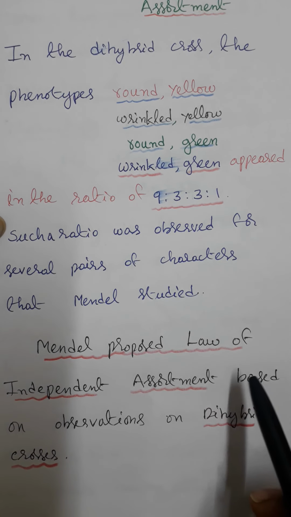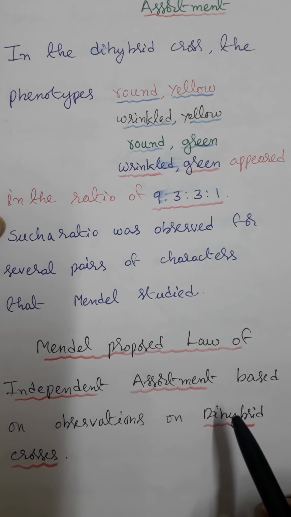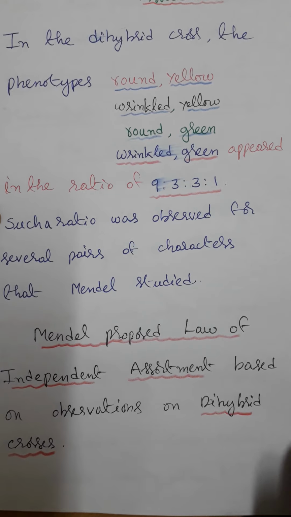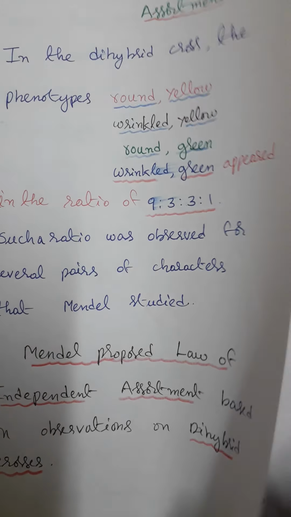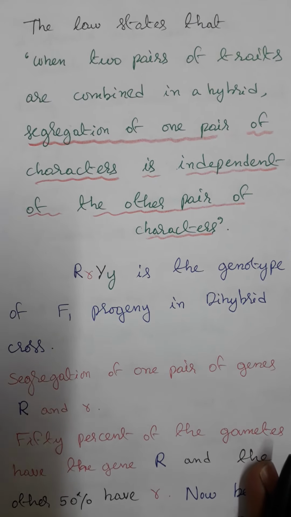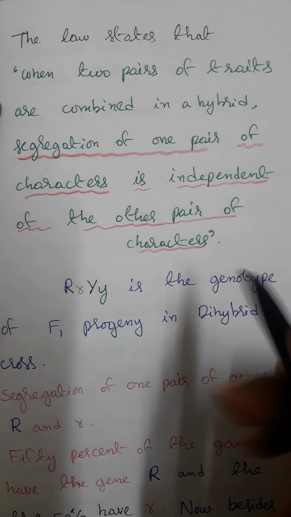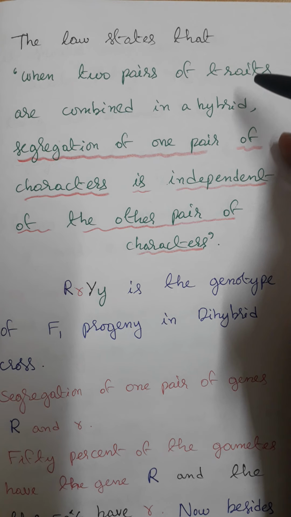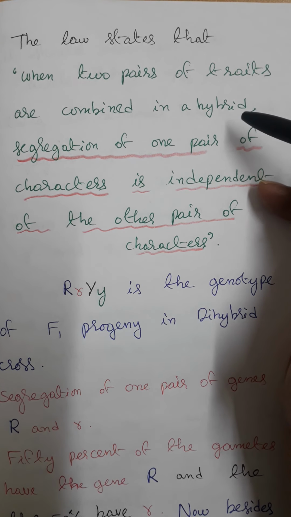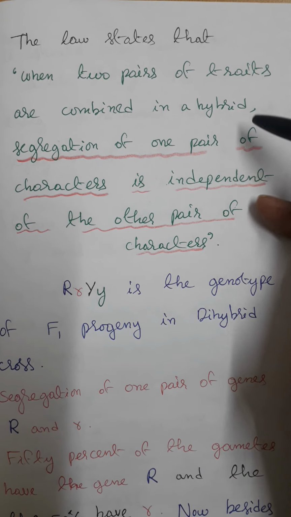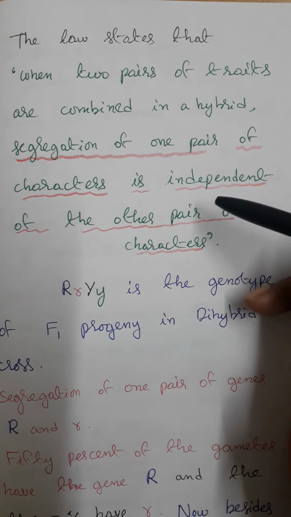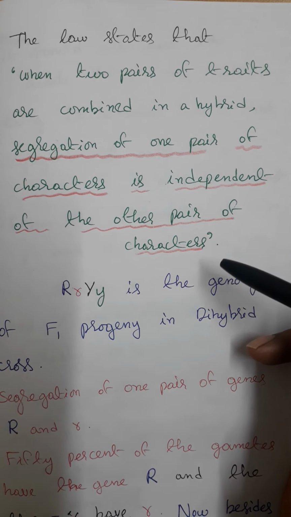Mendel proposed the law of independent assortment based on observations on dihybrid crosses. The law of independent assortment states that when two pairs of traits are combined in a hybrid, segregation of one pair of characters is independent of the other pair of characters.